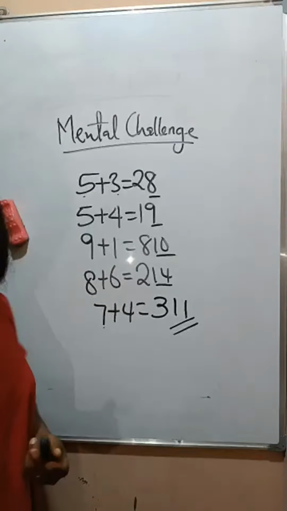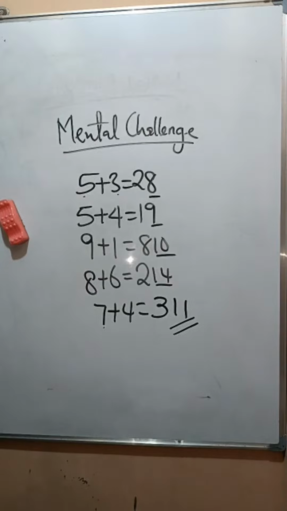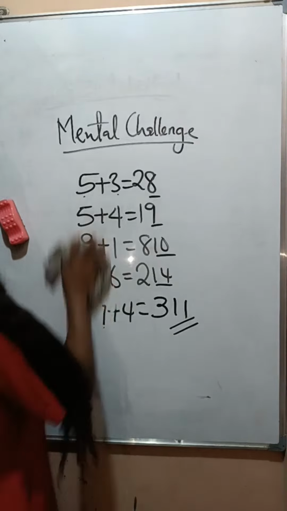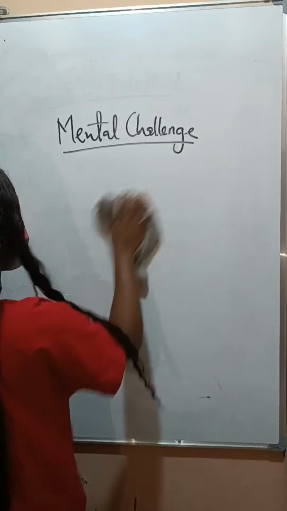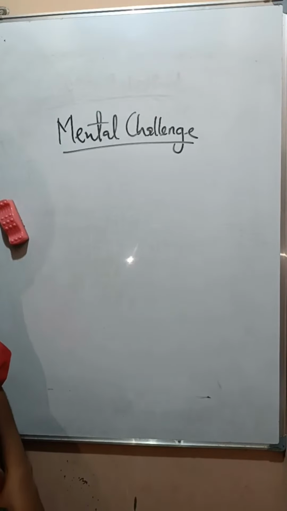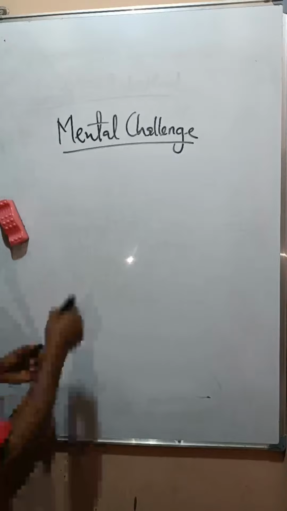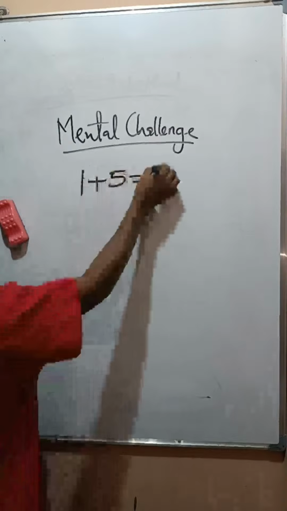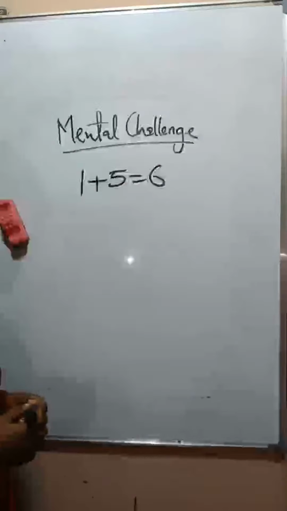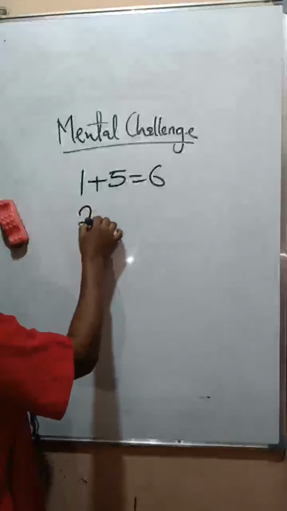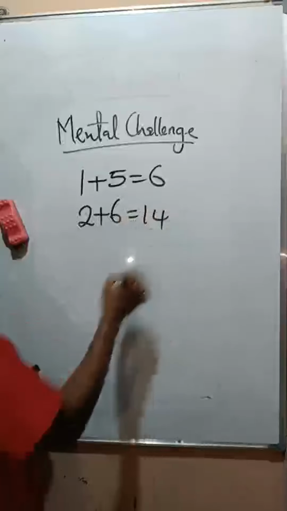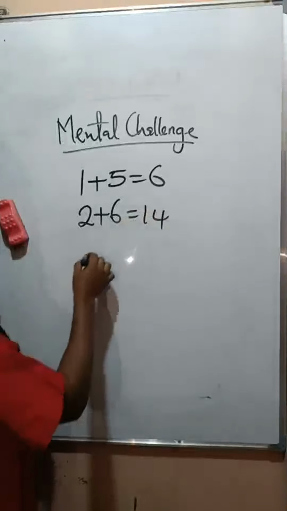All right. Now, another question. Yes. So another question says 1 plus 5 equals 6, which is right. 2 plus 6 equals 14. 3 plus 7 equals 24.